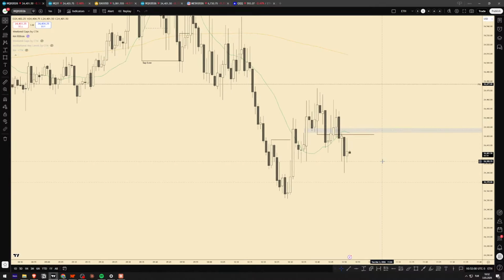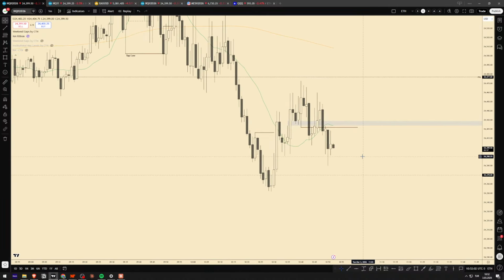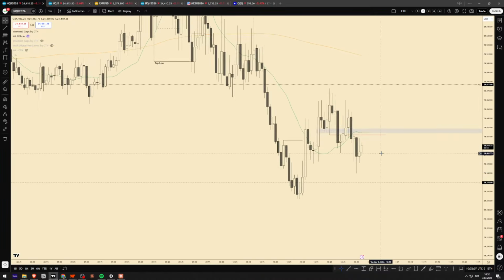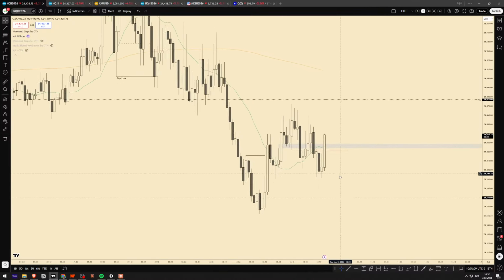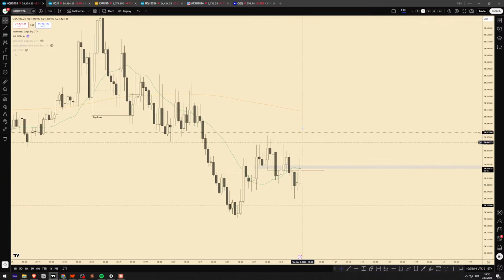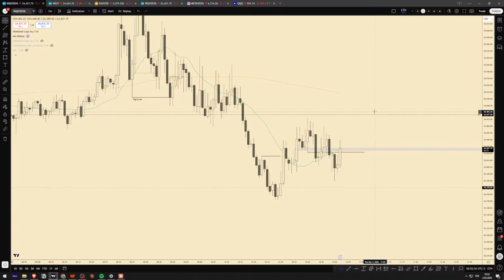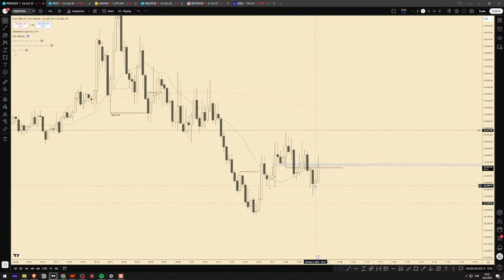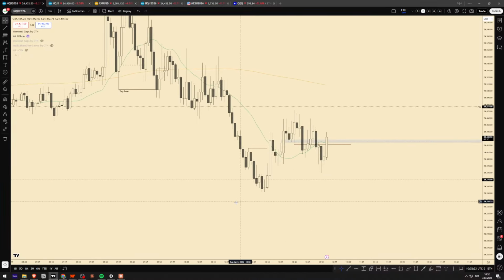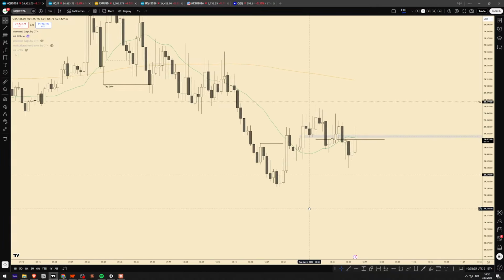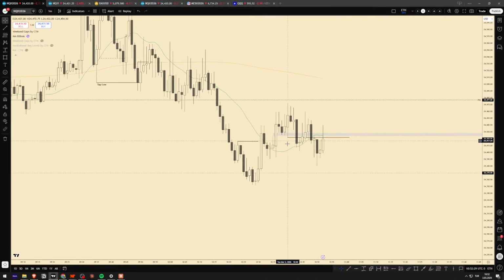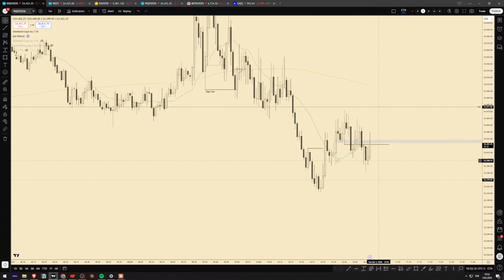If I wasn't in a setup, if I didn't take this one, I probably wouldn't try much from these levels. I mean, look at this. If it turns back higher, it will be going higher after many manipulations, a lot of manipulations, right? This sweep over here didn't play out. It made multiple highs, multiple lows.